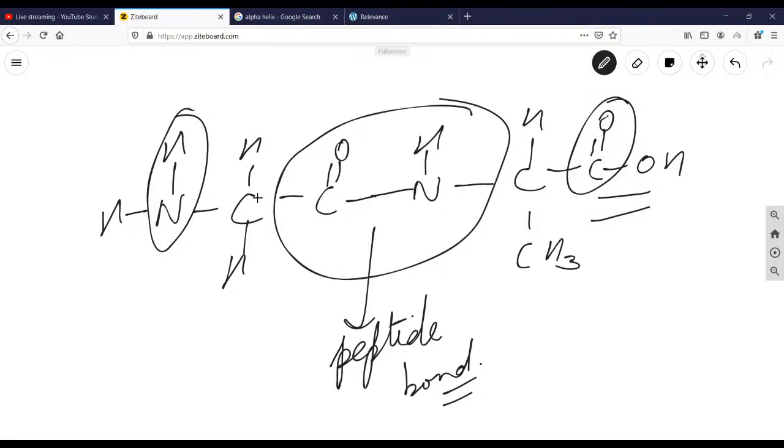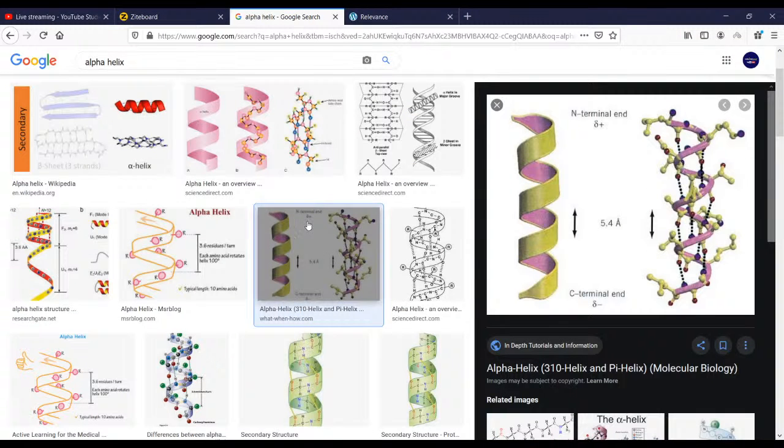You can see here in CO, O is more electronegative, so it will become negative and this will become positive. The negative end has lots of CO groups. This has N to C, so N to C terminal it goes in any protein. So the N terminal is positively charged and the C terminal is negatively charged.